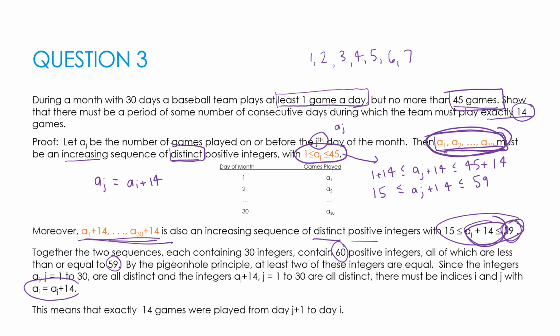I have it written backwards here, but it's the same thing. So let's keep it the way I have it in the written out solution here: A sub i is equal to A sub j plus 14, which means exactly 14 games were played from day j plus 1 until day i, being some number greater than j.